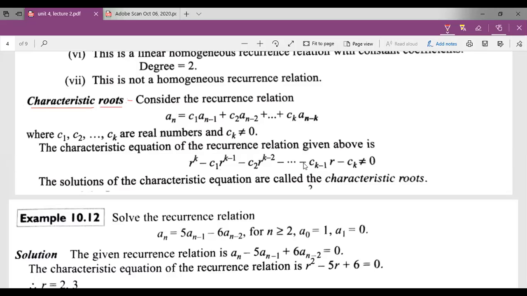Here the last term, the constant, remains, ck not equal to 0. The solutions of the characteristic equation are called the characteristic roots. Already we discussed how many cases arise to solve the characteristic equation: 3 cases. The roots are real and distinct, the roots are equal, and the roots are complex numbers.